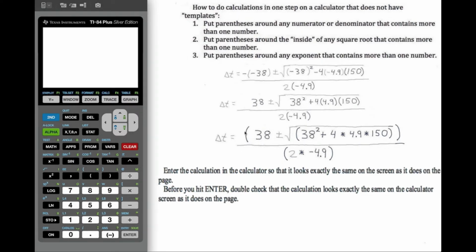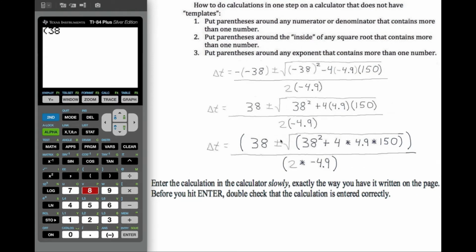We start with a left parenthesis to let the calculator know that we're beginning the numerator. 38. I will begin by interpreting the plus or minus symbol as an addition. Square root.